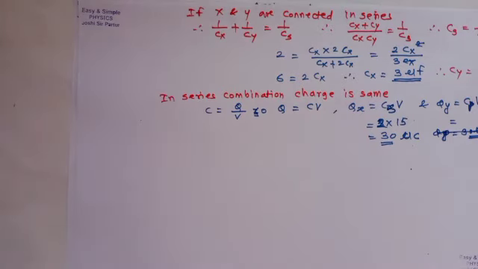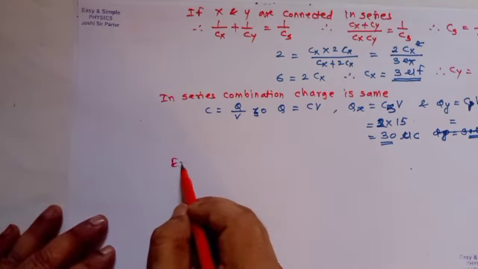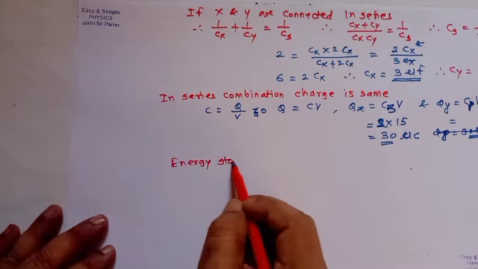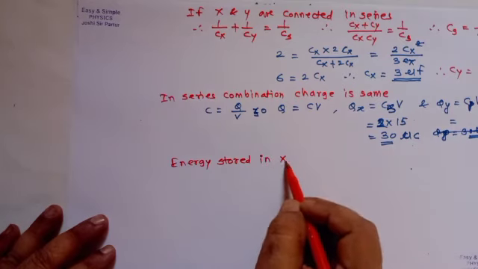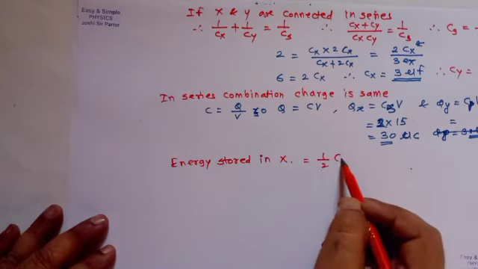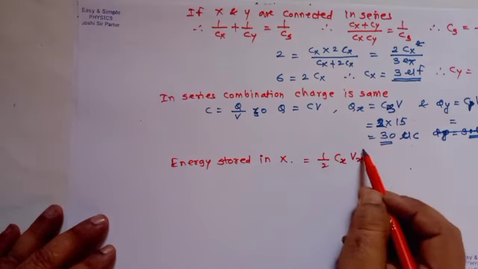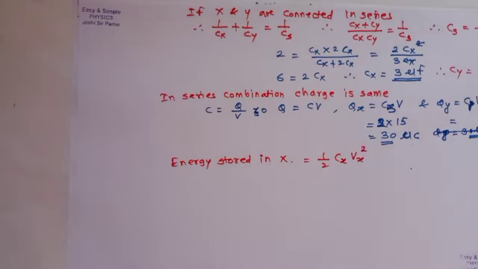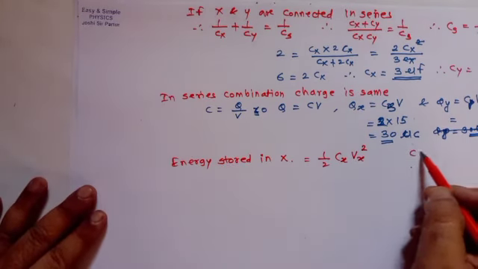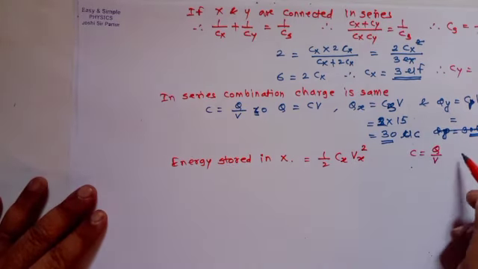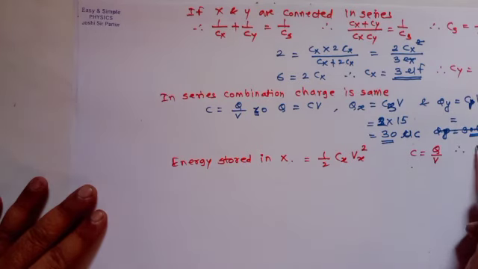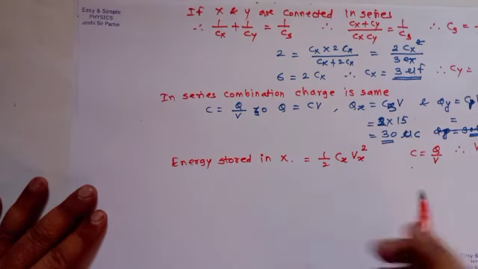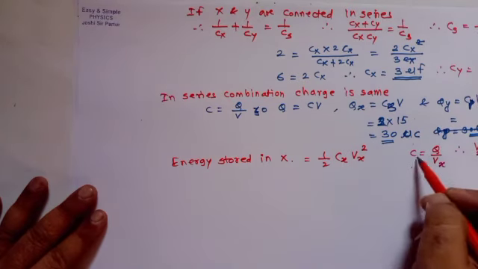So the energy stored in X is equal to half Cx Vx square. But here we know that C equal to Q upon V. Therefore, V equal to Q upon C, so Vx is equal to Q upon Cx.